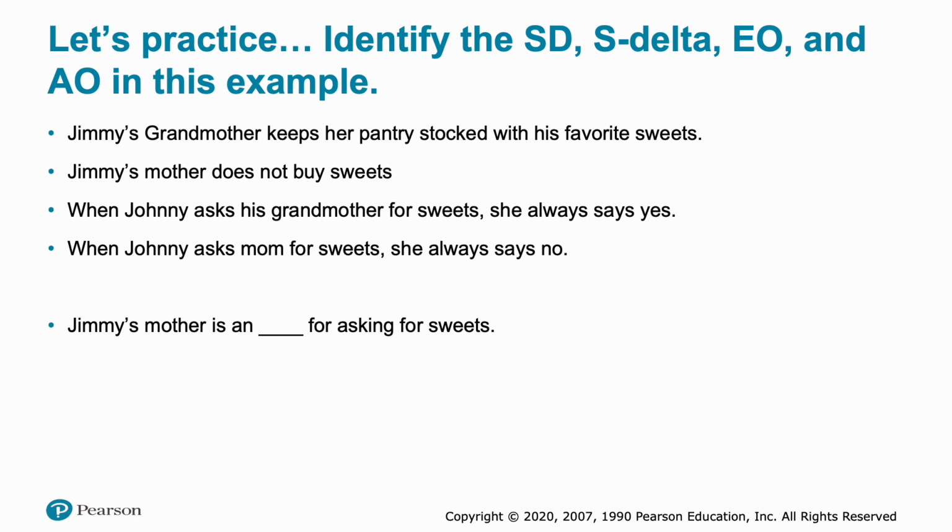Whereas his mother, even if he were to ask for sweets, she typically says no. So considering all of these different variables, how people respond in the different settings, I want you guys to go ahead and answer some of these questions along with me. So in this example, Jimmy's mother is a blank for asking for sweets. So think about which response you would put in this particular statement.